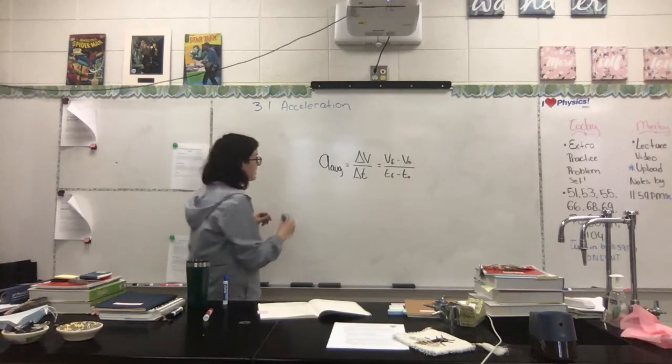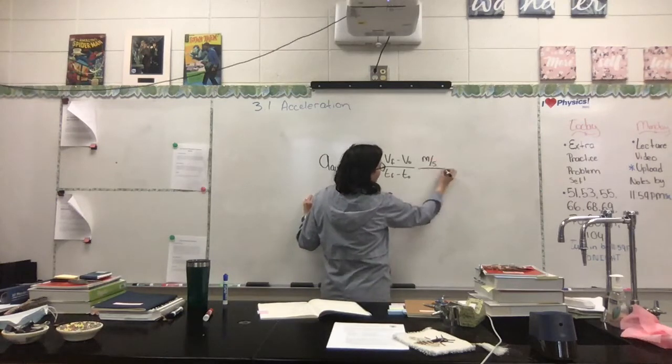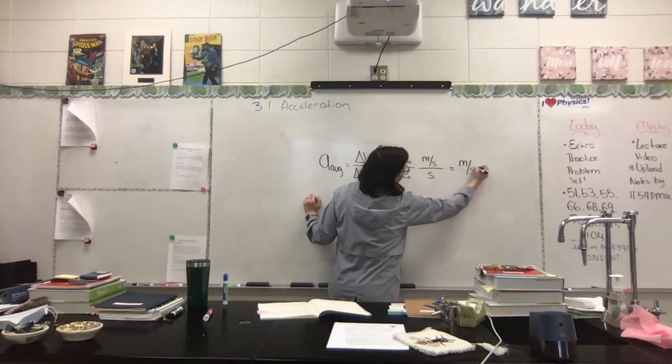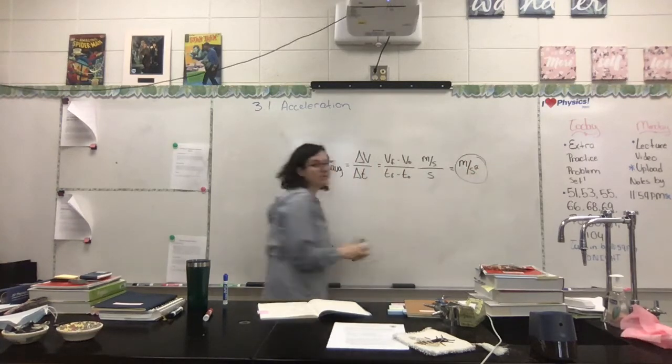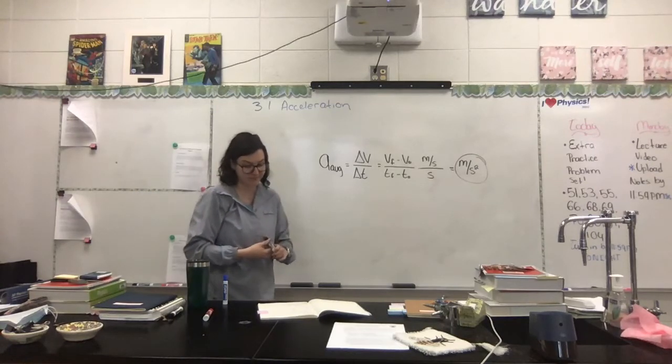The units for acceleration, if we look at it, we have meters per second over seconds. So our units come out to meters per second squared. Meters per second squared is going to be our units for acceleration.